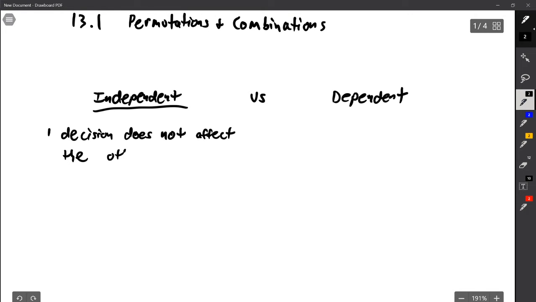the other. And usually what we mean here is it might be something like digits that are used in a code where you are allowed to repeat. That would be independent. So in other words, just because we used a 5 in the code does not mean we're not allowed to use a 5 again. We can still use a 5 again, right?